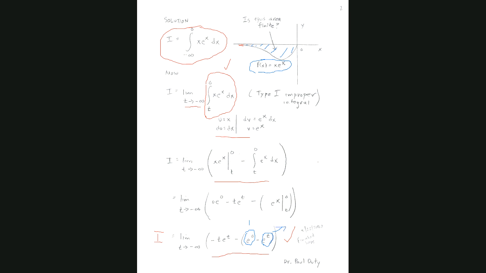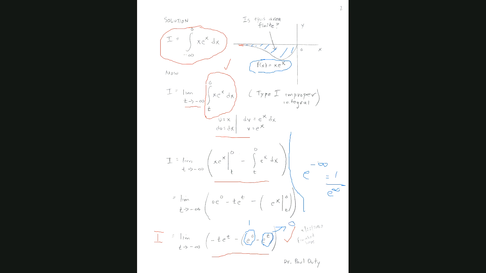What number? If you have e to the negative, that's right, Tina. E to the negative infinity is like 1 over e to the positive infinity. So e to the positive infinity is infinity, and so this is going to approach 0.